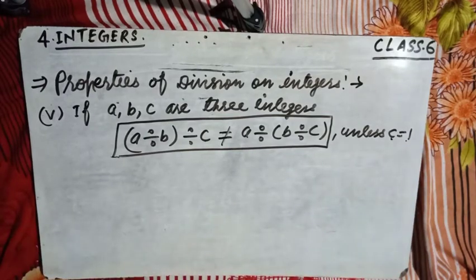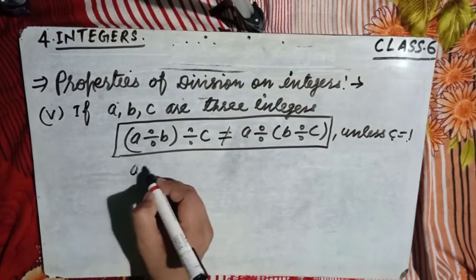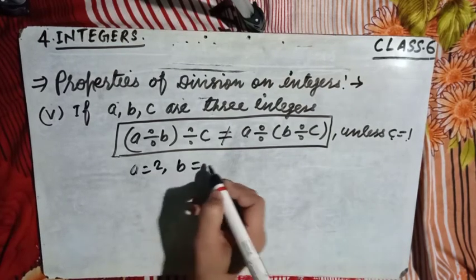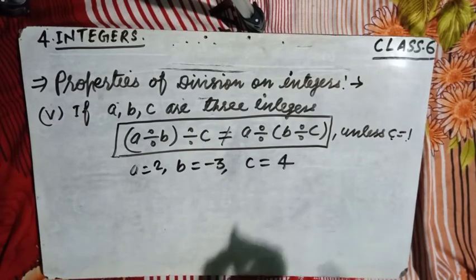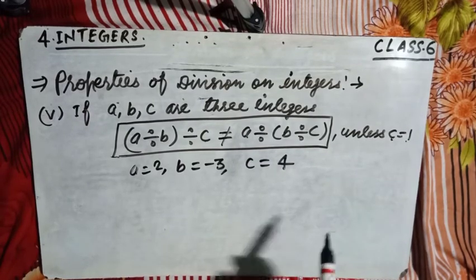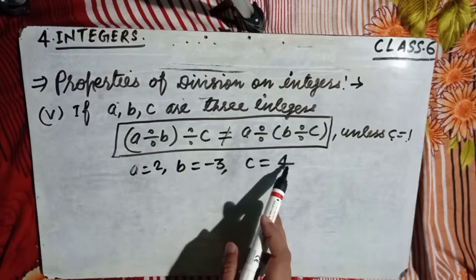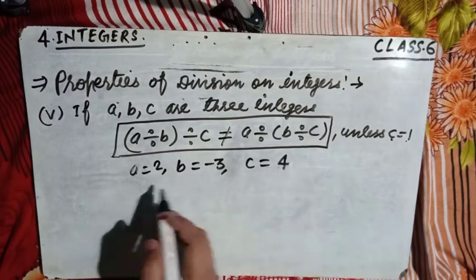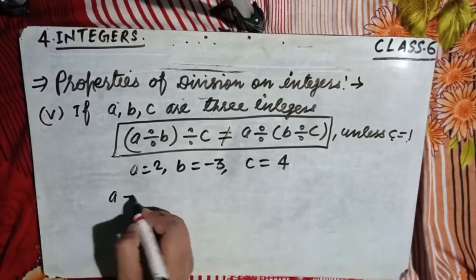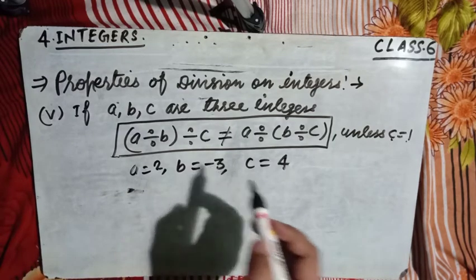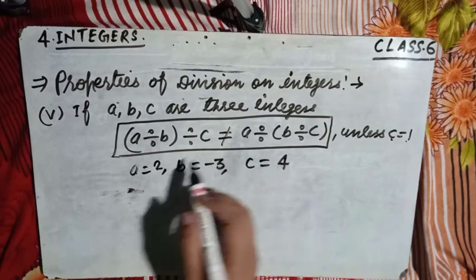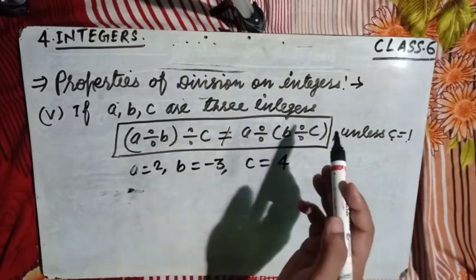Now take an example. Suppose a is equal to 2, b is equal to minus 3, and c is equal to 4. Because a, b, c are integers, 2, minus 3 and 4 are integers. Find the value of the left hand side, (a divided by b) divided by c, then the right hand side, and match.